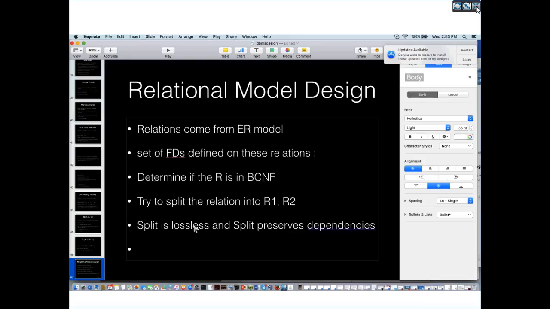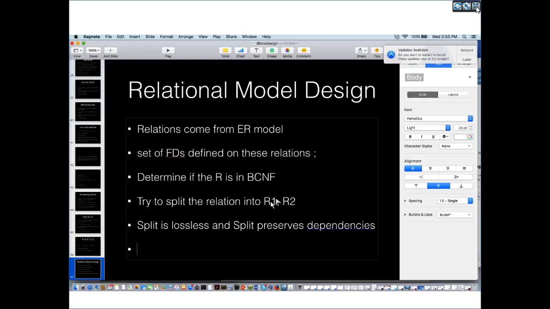If the split is lossless, which means that you won't lose any of the tuples in R because of the split into R1 and R2, this is fine. So this is a necessary condition. The split has to be a lossless one. The second condition is that the split preserves the dependency.